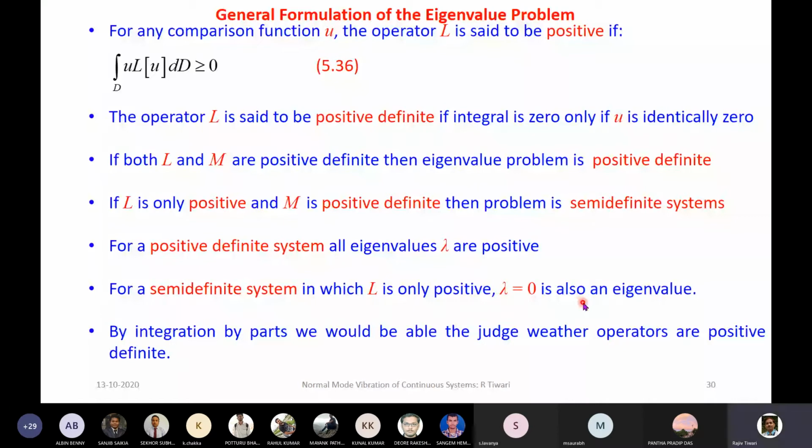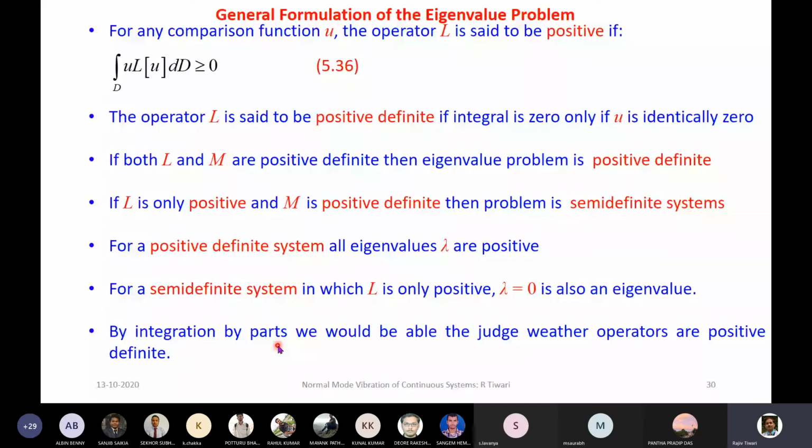And this property, the positiveness and the self-adjointness, we can check by doing the integration by parts. So when we go for the specific case of the string problem, cable problem or beam problem, we will check this condition, the positiveness and the self-adjointness.